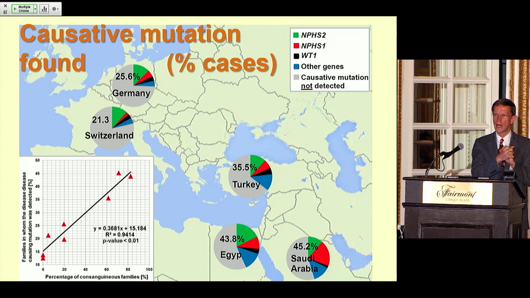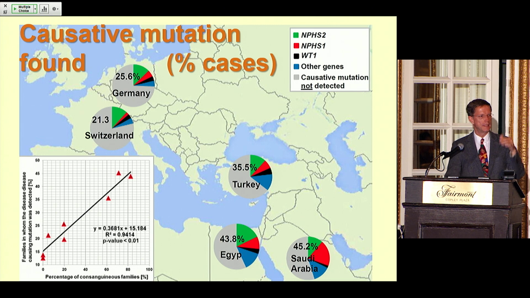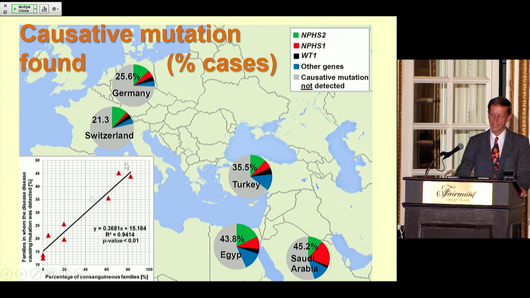Actually, I think we all have about 10 very bad mutations in 10 different recessive disease genes, but we are heterozygous, so nothing bad will happen to us. And we don't know it unless we have sequenced our exome or our genome. But that implies that if there's consanguinity, there's a likelihood that one of these alleles from a common ancestor of mom and dad will come together in the child and cause a recessive disease.